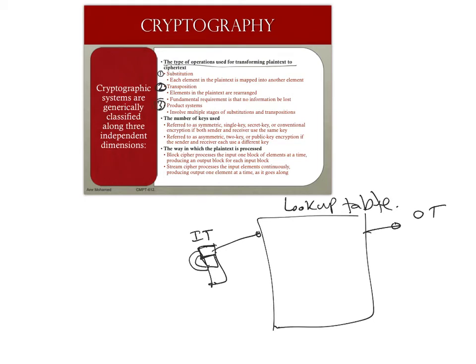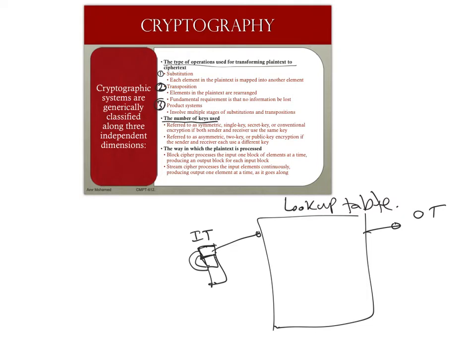Of course, the third one, product systems, is nothing but a combination of substitution and transposition. But you will have to do that repeatedly, and the more steps you use the substitution and transposition, the stronger the algorithm will be, to be proof against any kind of reverse engineering.